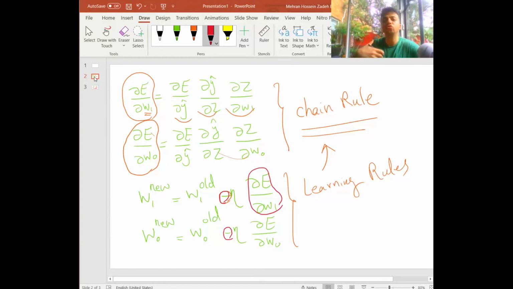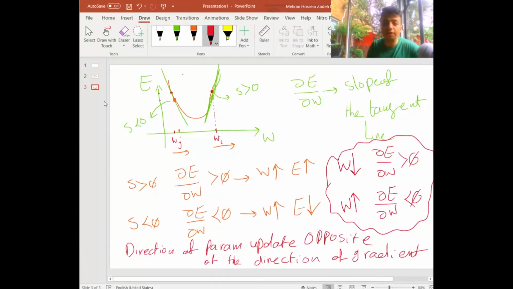So you're actually increasing your W. So W old will be plus a value. That is because when that derivative value is negative, in order to decrease your error, you need to actually increase your W. And that is the only way you can minimize your error.